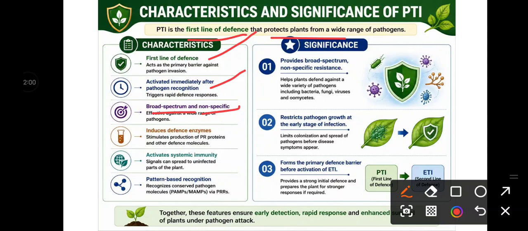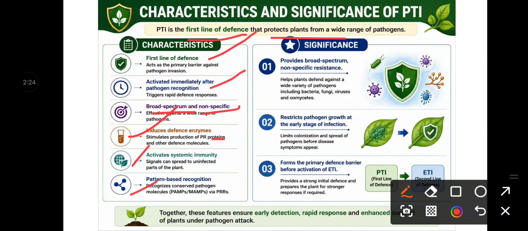These PAMP molecules are very general conserved signature molecules, so the defense activity is also very general, broad spectrum, non-specific. Then it induces defense mechanisms that include the production of PR protein and phytoalexins, cell wall reinforcement. Then it activates systemic immunity also.